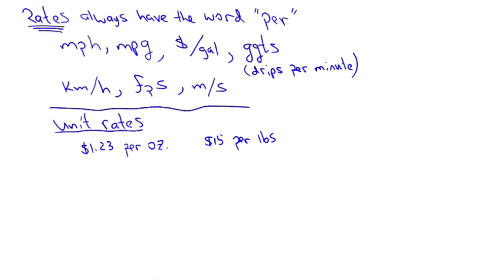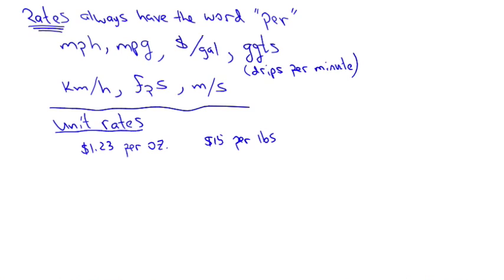So either you have to convert ounces into pounds or pounds into ounces. It's just now you have to deal with two measurements rather than one. You're always going to have a money amount, and you're always going to have a weight measurement. So which one do you think is easier, ounces to pounds or pounds to ounces?